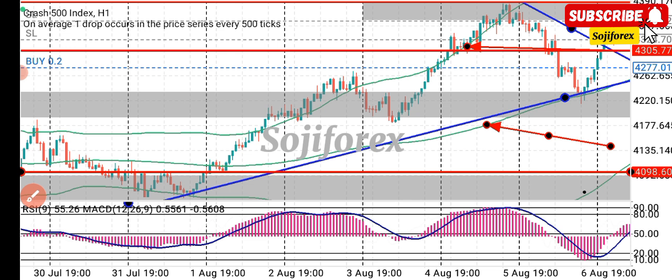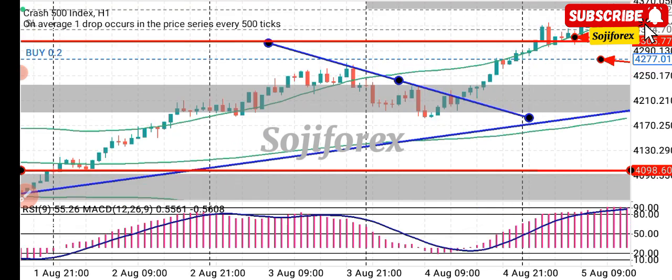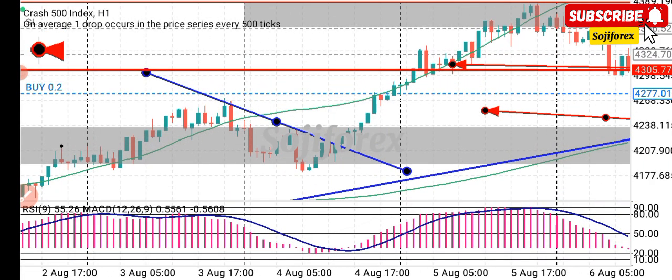If we must buy, having marked this zone and price break out of this zone, once price, this is the shaded portion, that is the zone, price break out of it, we are expecting price to retest it. Price retest it beautifully and then give us a rejection candle. After this, we have this follow-up candle, then we buy.